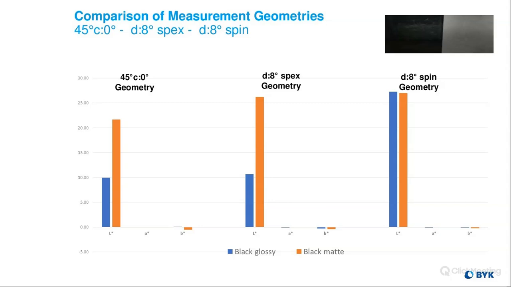You could see, because this one only uses that color instead of taking into account the structure and the gloss levels, it's going to be completely different the way we see it. And based off a black glossy surface here, it's a little bit the same, but when the black matte surface is introduced, the D8 specs is varying from the 45-0, like I explained earlier.